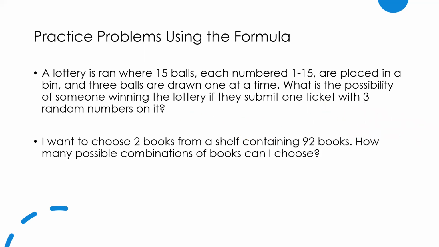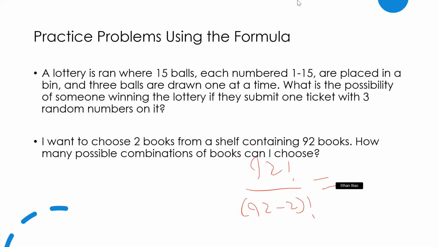Now the second problem is basically the same thing. I want to choose 2 books from a shelf containing 92 books. How many possible combinations of books can I choose? So here, we can use the formula again. 92 factorial over 92 minus 2 factorial, since 92 is the number of books and 2 is the number we're going to choose.